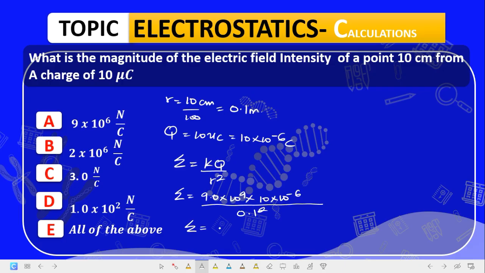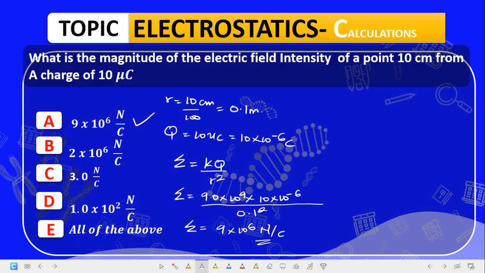That will give us 9 times 10 raised to the power of 6 Newton per coulomb. That is the correct answer to that question. Option A is the correct answer.